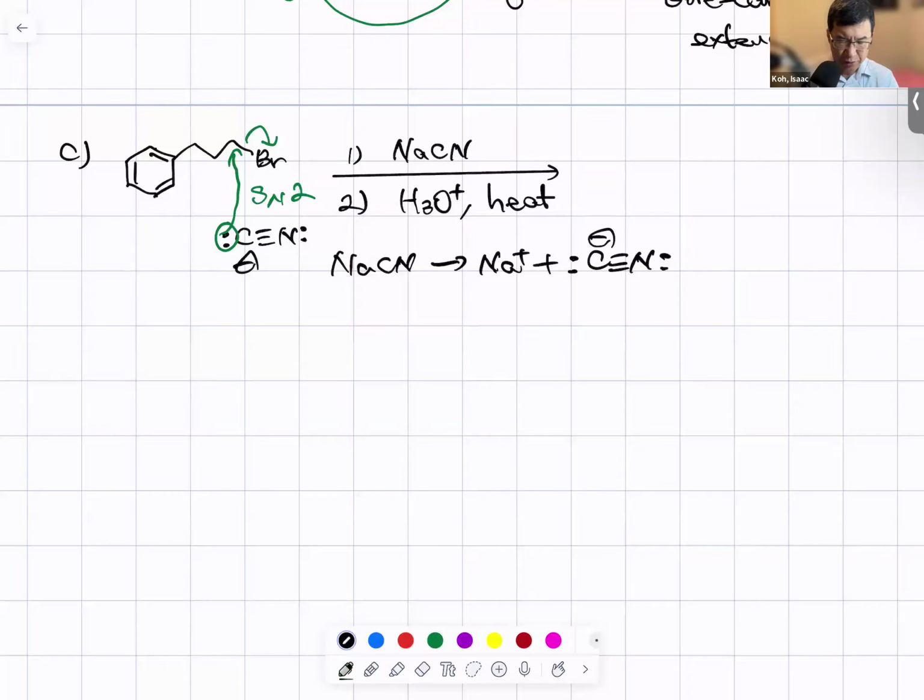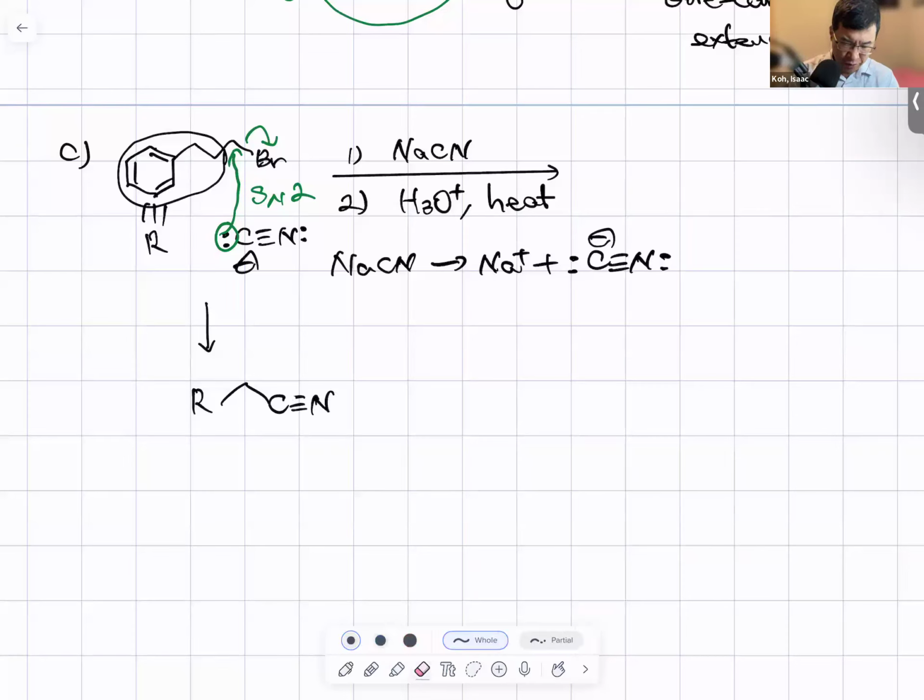And in the SN2 reaction, it will be forming, here again, this one is the R group. This is linear, so let me draw a linear structure like here.